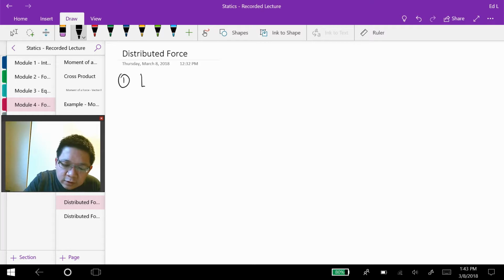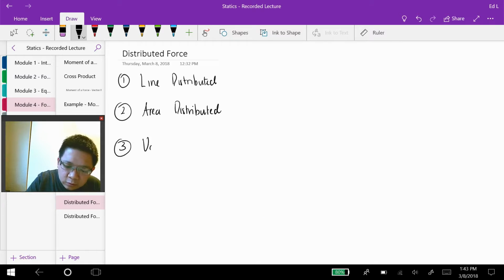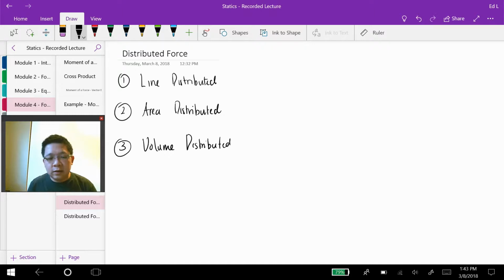The first one is a line distributed force, and then the second is the area distributed force, and then the third is a volume distributed force.